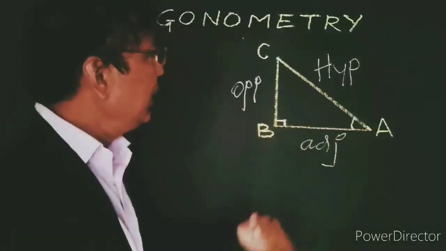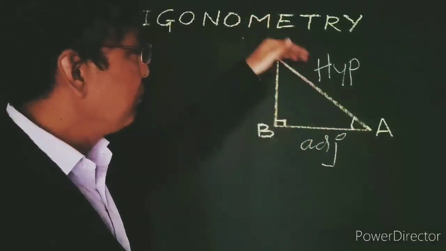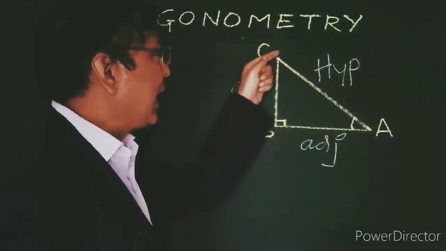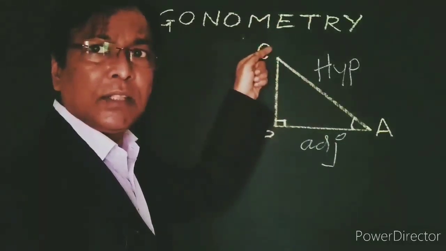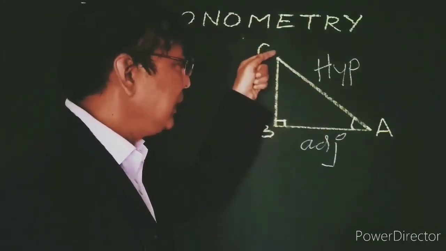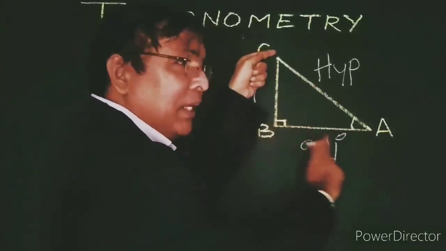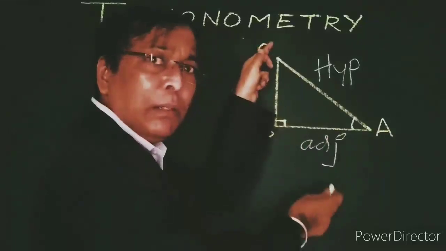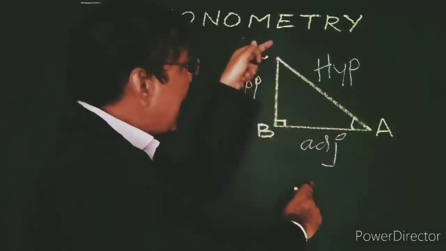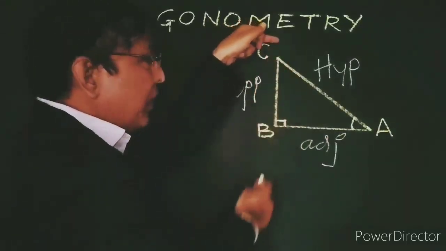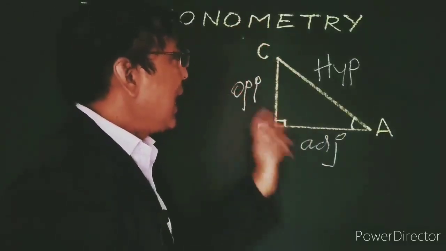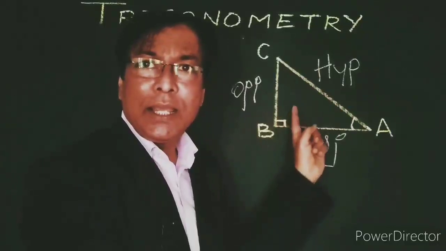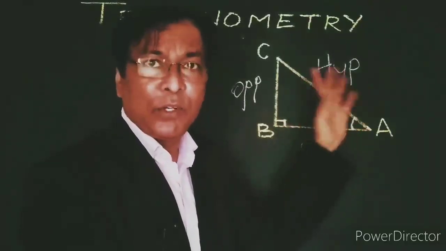Imagine we are observing this triangle from angle C. We are standing at angle C, then the side AB is in front of angle C. Therefore, side AB will become the opposite side, the side BC becomes the adjacent side, and the side AC, which is in front of the 90 degree angle, is the hypotenuse.